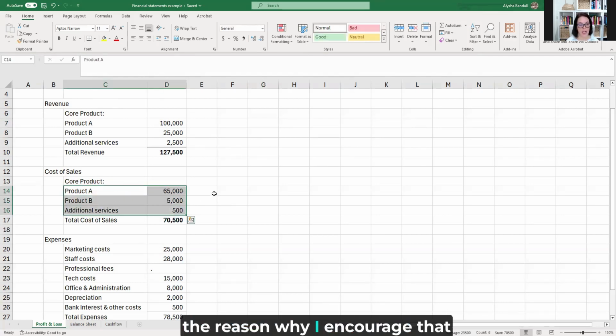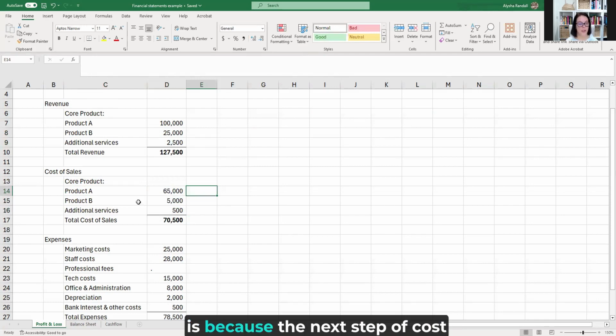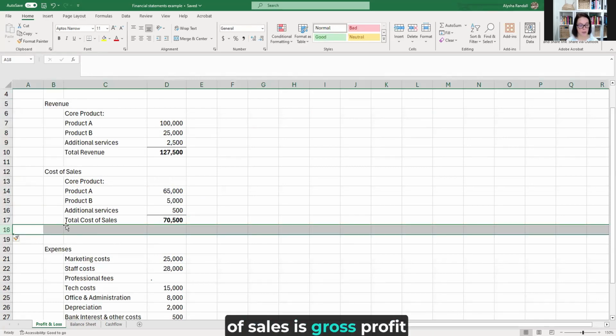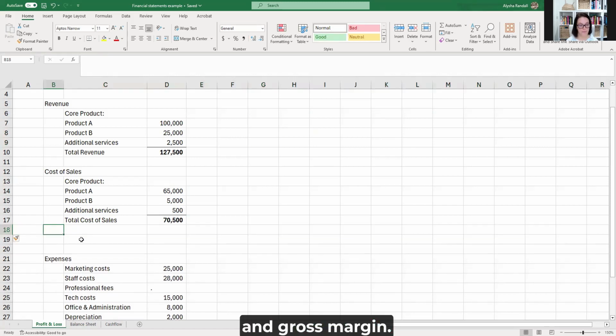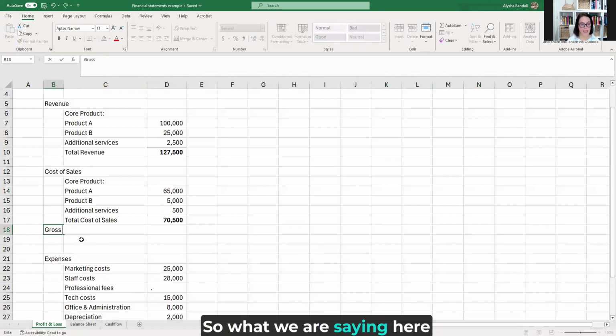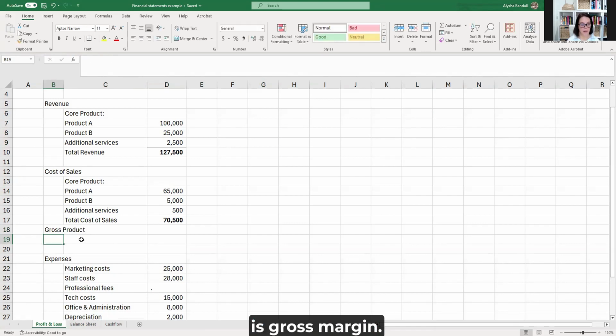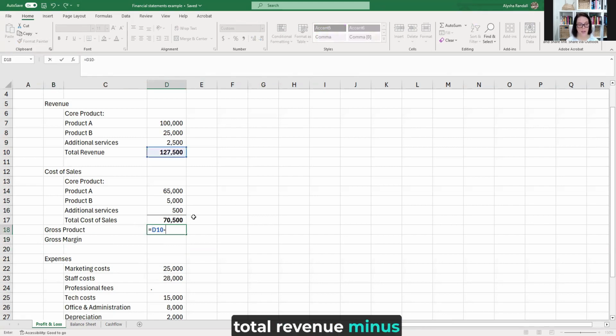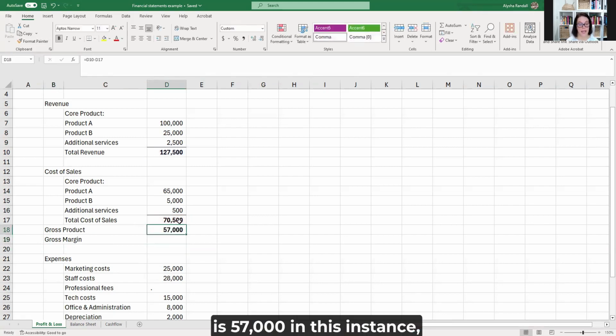Now, the reason why I encourage that is because the next step after cost of sales is gross profit and gross margin. What we are saying here is the total revenue minus your direct costs is 57,000 in this instance, which is 45%.